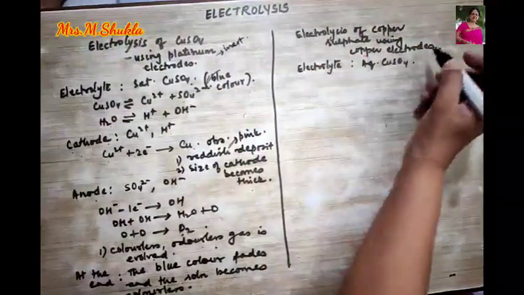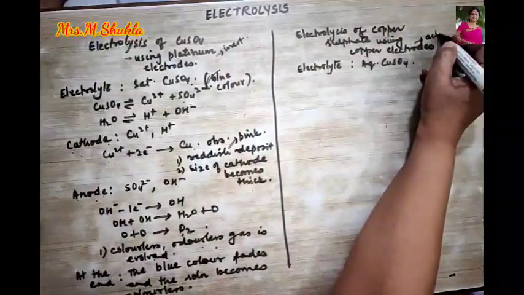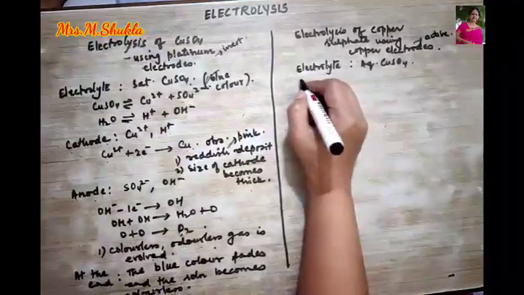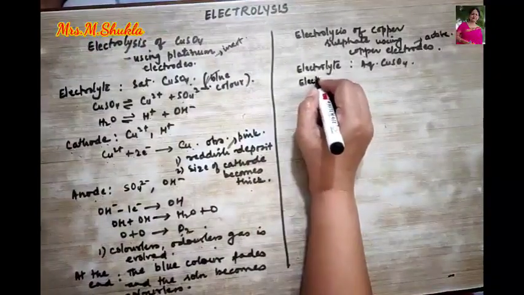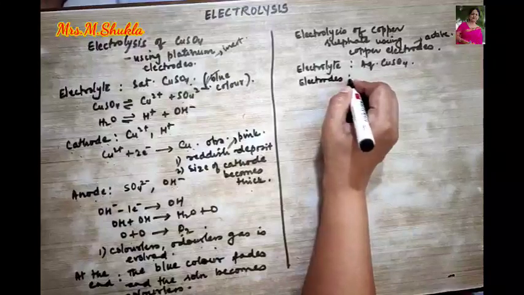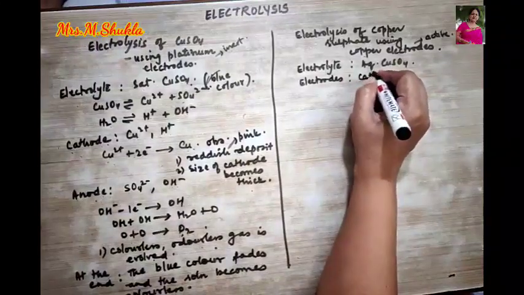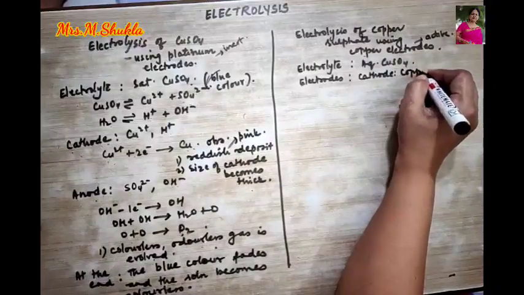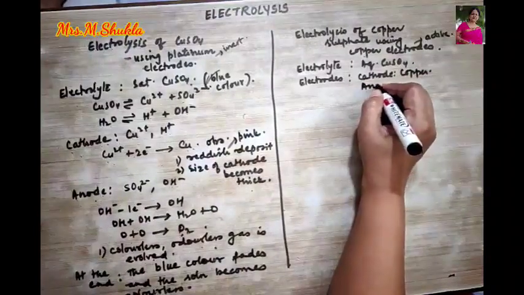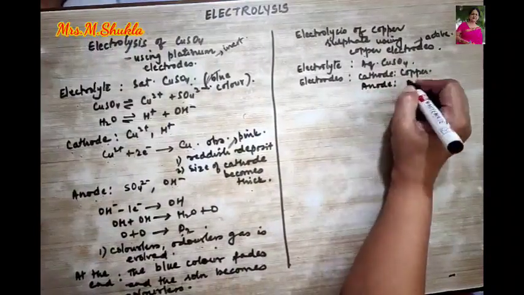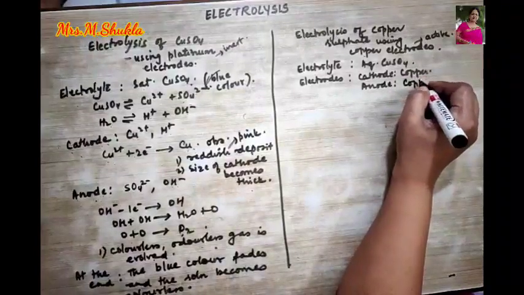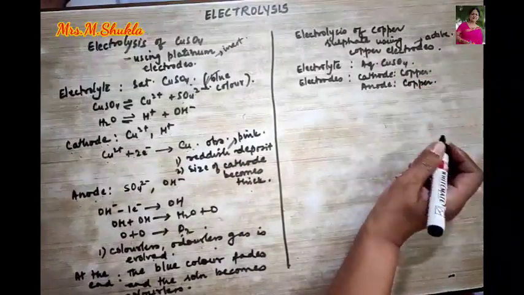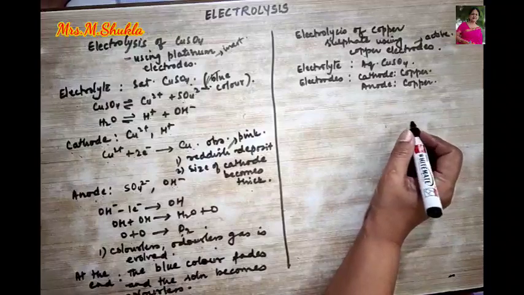But here it is an active electrode. So we are talking about cathode, which is made up of copper, and we are also talking about anode, which is made up of copper. Both of them are made up of copper, right?